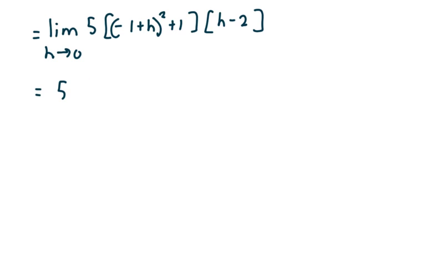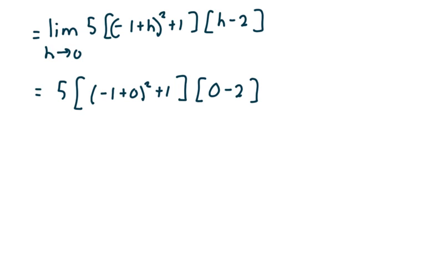And so this is 5 times negative 1 plus 0 to the second plus 1 times 0 minus 2. And so this is 5 times negative 1 to the second is 1. 1 plus 1 is 2 times negative 2. The answer here is negative 20.